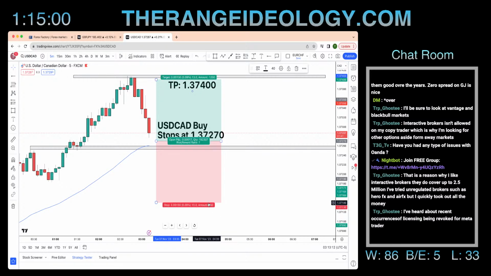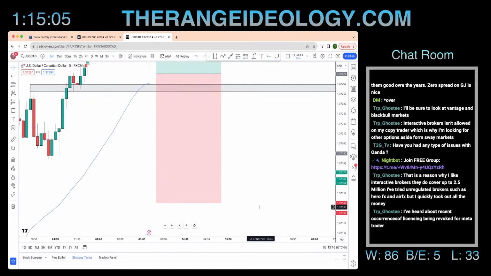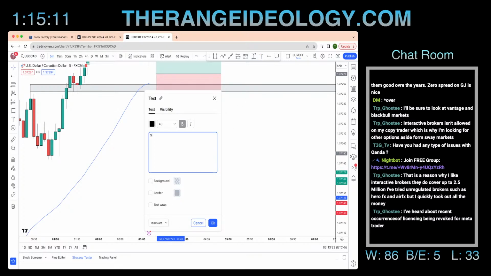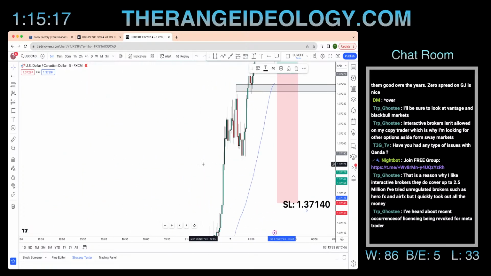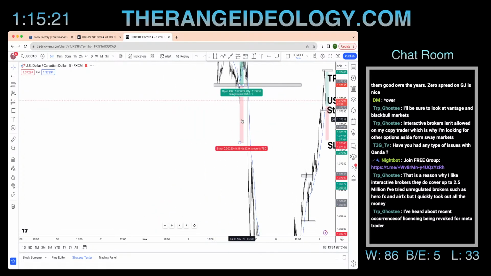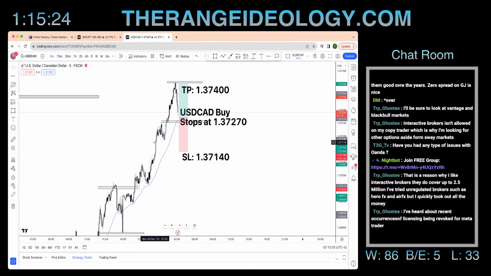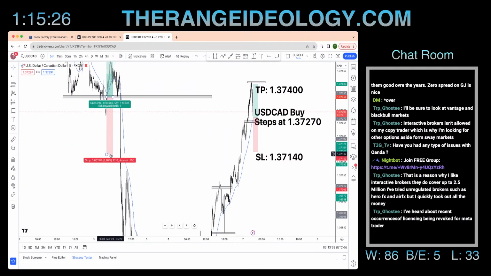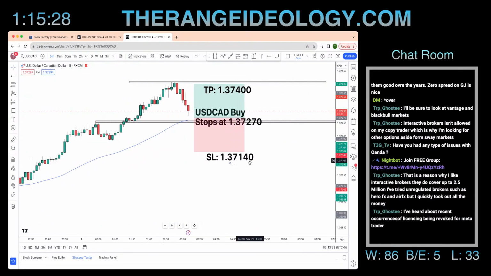And what would this be? 137,140. SL. Stop loss here. So that's what it is. Okay. 130. Yep.